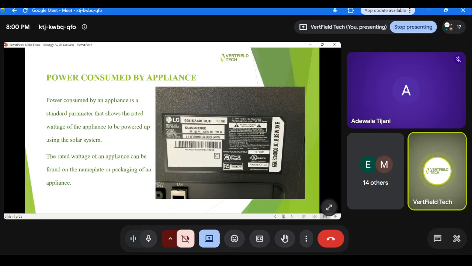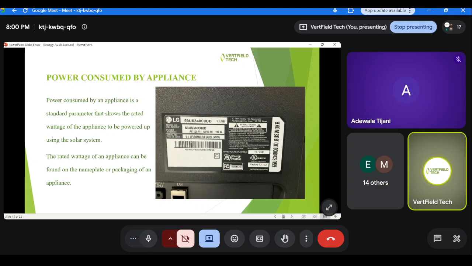So the power consumed by an appliance tells you the rated wattages of each and every appliance you intend to power up using the solar system. How can you know the rated wattages of your appliances is the next question to be asked. You get to know that rating by looking into the nameplate.